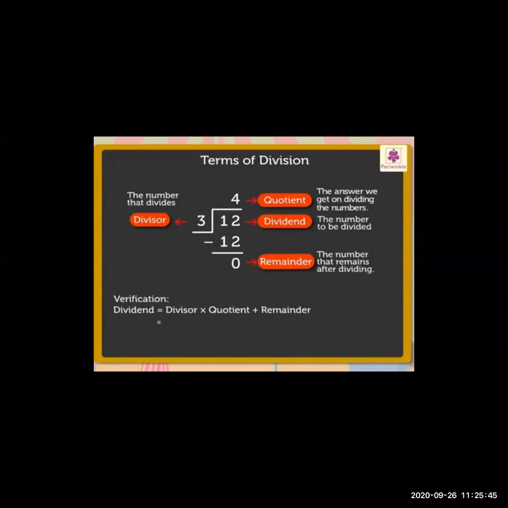So, dividend is equal to 3 into 4 plus 0, which is 12 plus 0, which is 12. Isn't it interesting? The answer we get is the dividend itself, that is 12.